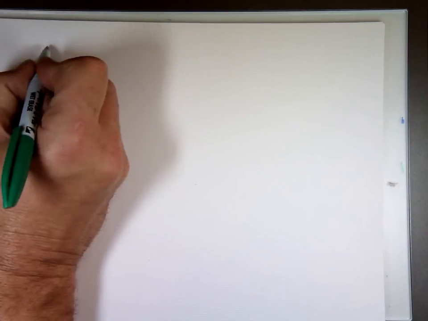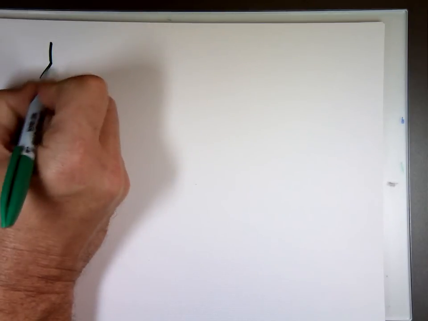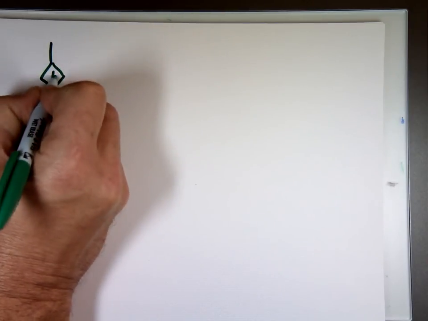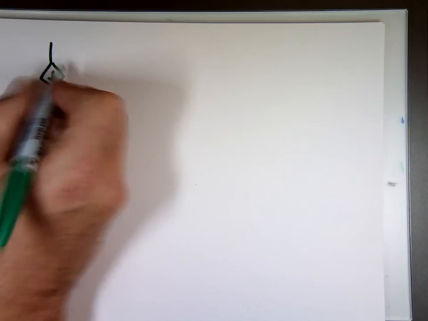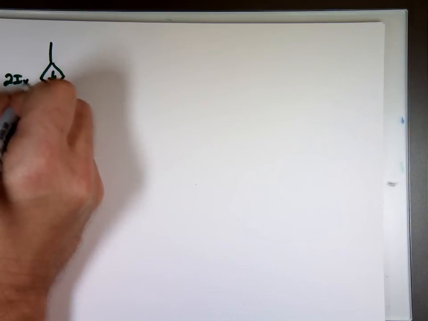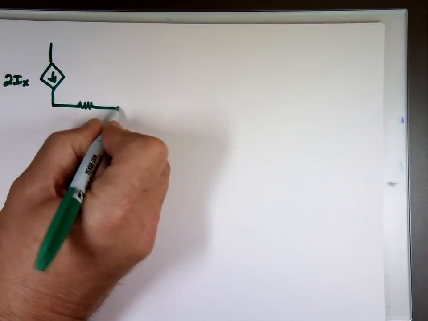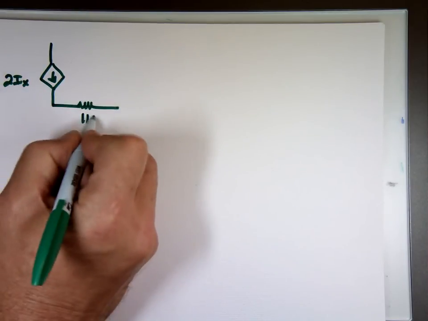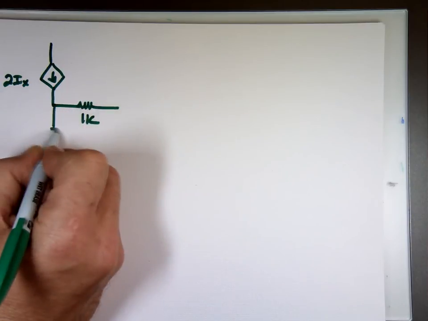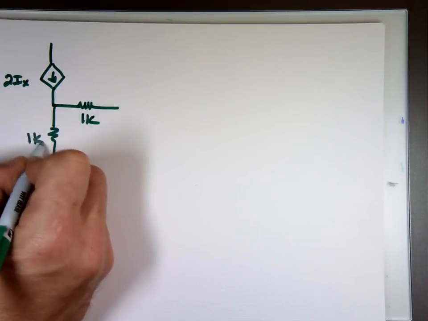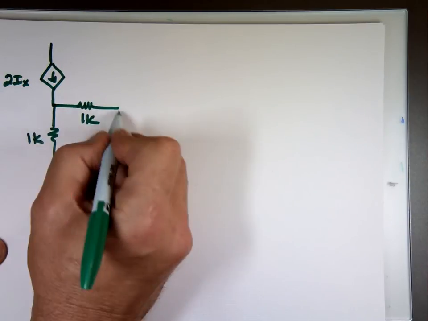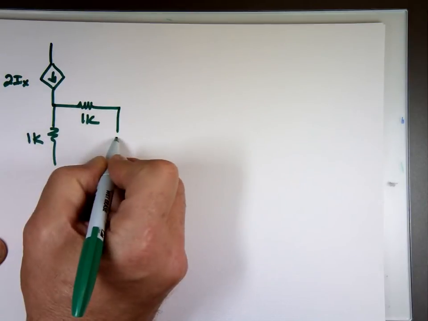Find V out using Thevenin. This is 2I sub x. One K. You probably realize by now you really need one of those calculators for this class, because if you were to solve these equations by hand, forget it.